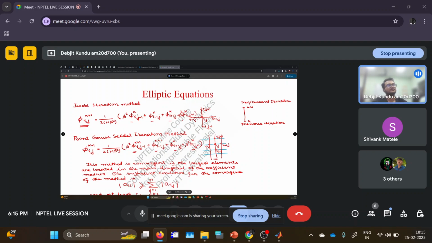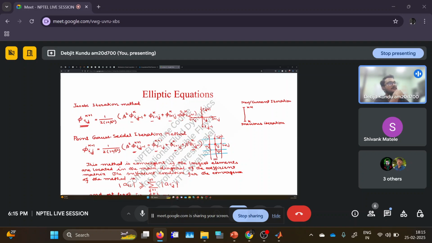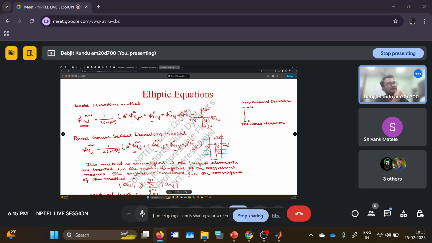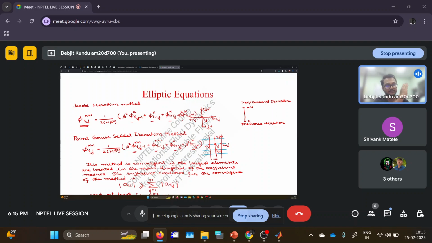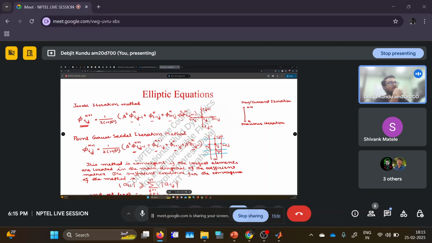In the Jacobi method, we do not use the newer values. We only use the older values of the neighboring points, which are i plus 1, j; i, j plus 1; i, j minus 1; i minus 1, j, and all that. So these 4 points at the earlier iteration, that is at the kth iteration, give me k plus 1.